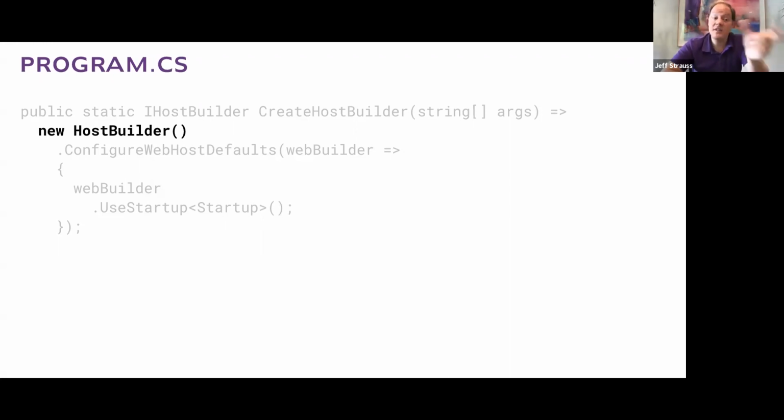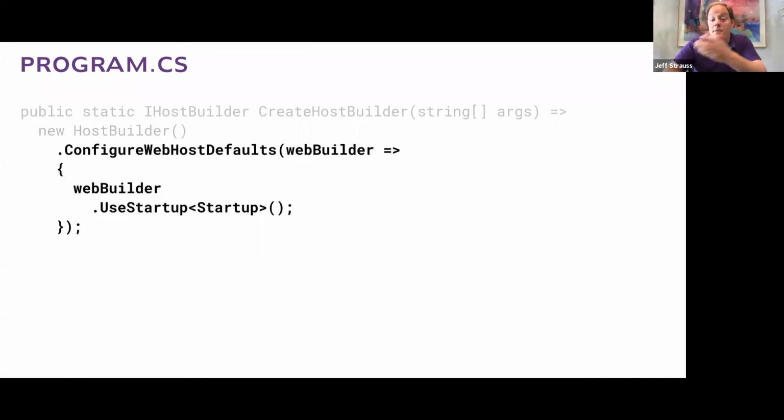Now you can use it and then override it, add additional stuff to it and add tweaks, but some things aren't easy to undo, right? There's no like just kidding or disregard extension method off the host builder. An example of that would be when we talk about the configure web defaults. Configure web host defaults is going to set up Kestrel as our web server.